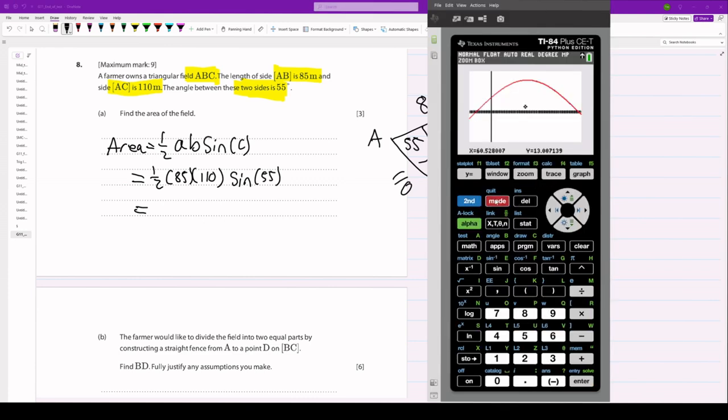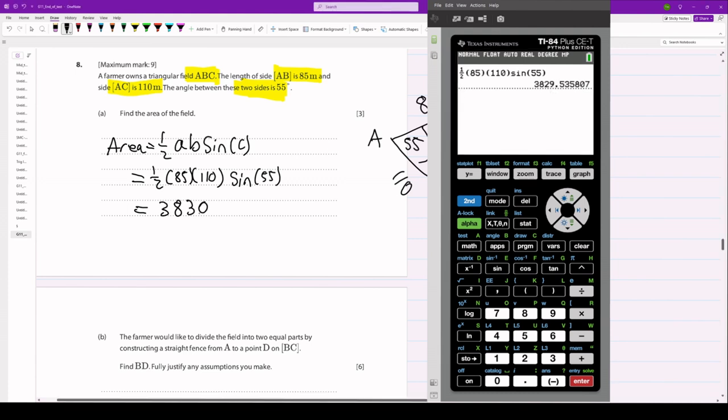I'm going to use this one just to show you how these buttons work, although I'm pretty sure you've by this point figured out how to type in these things. And if you haven't, why? Okay, there we go. 3,829, so let's round that to 3,830. Job done.